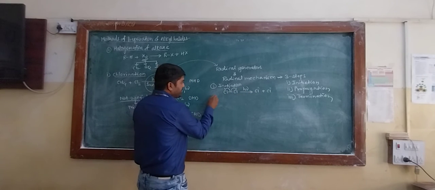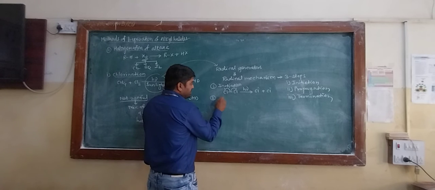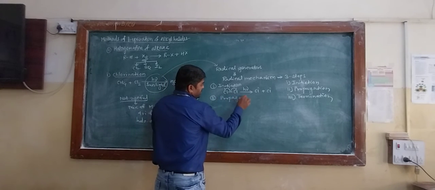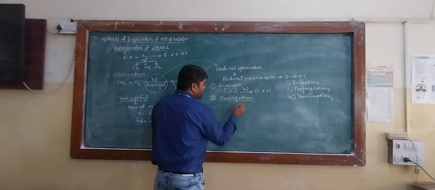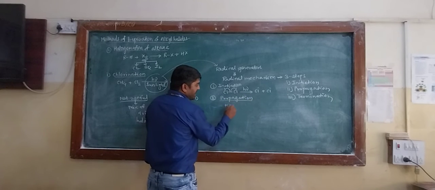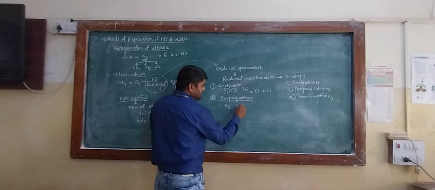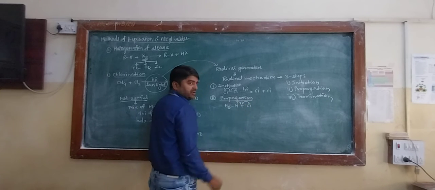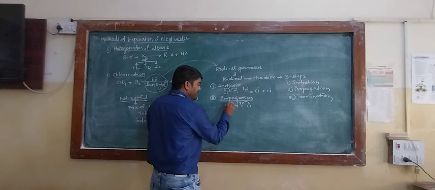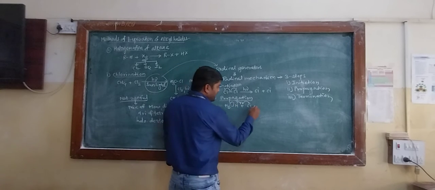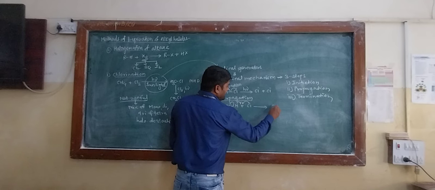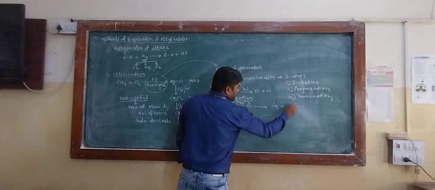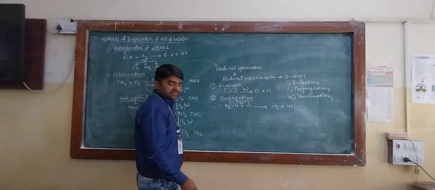The second step is the propagation step. In the propagation step, CH4 alkane plus Cl radical. So Cl radical combines with a hydrogen and generates a new radical, that is CH3 radical. So what you get? You get CH3 radical plus a neutral molecule, that is HCl.